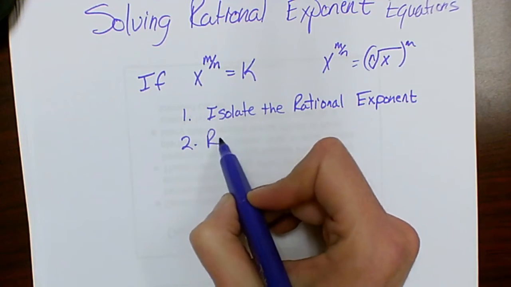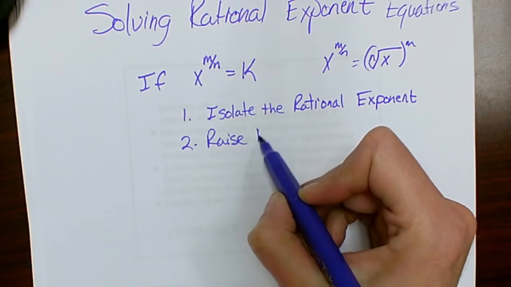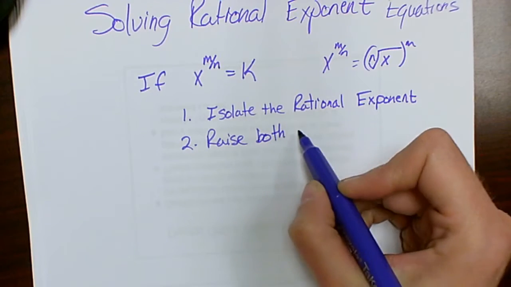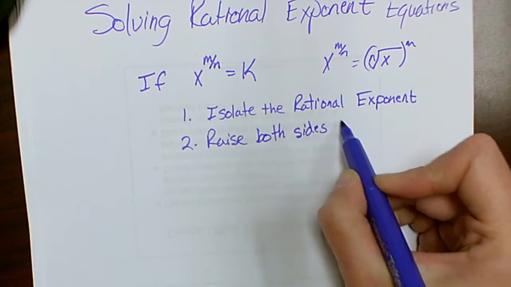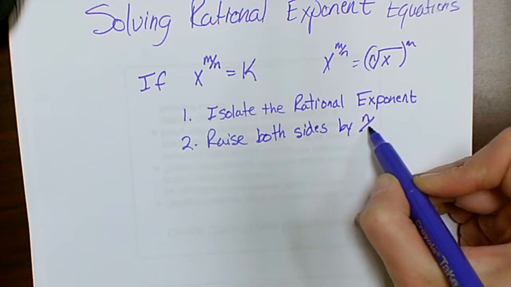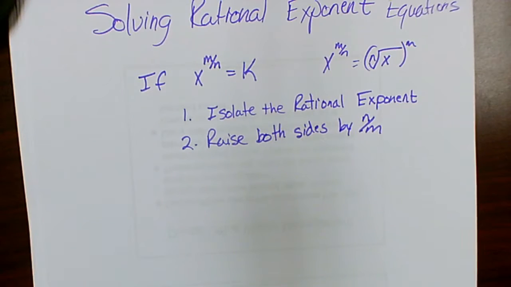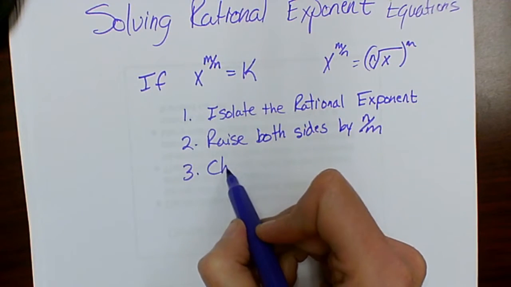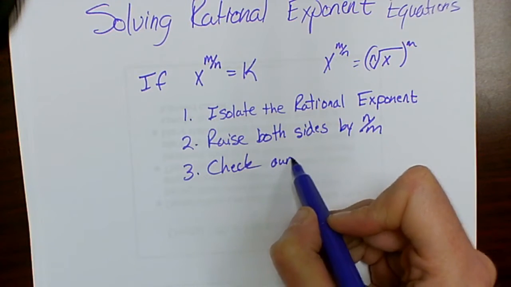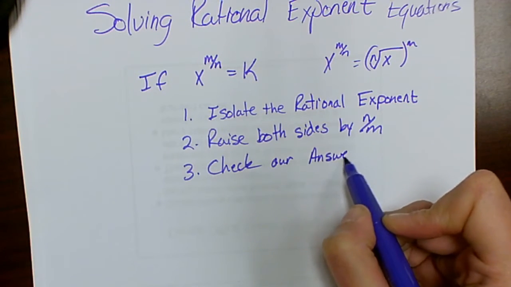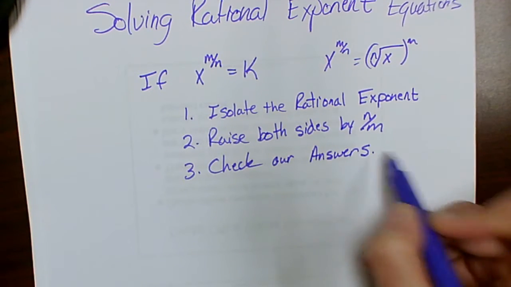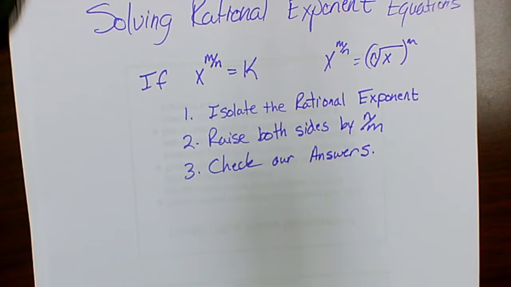Then we raise both sides, or use the power rule, by n over m, by the reciprocal, and then we're going to check our answers, because sometimes we get false answers.